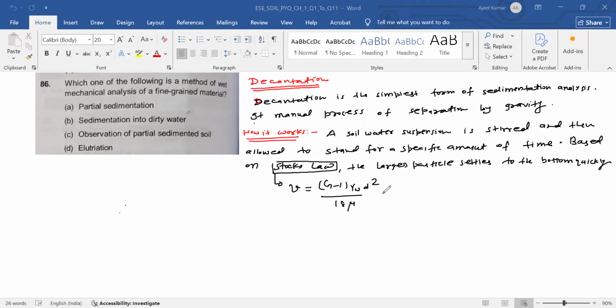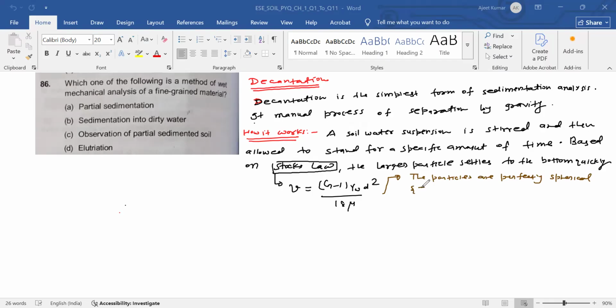And the conditions will be like this. Writing here. First condition is the particles are perfectly spherical, which is impossible. Okay.